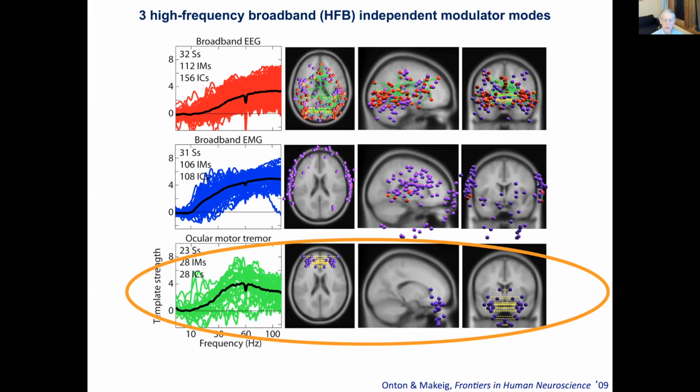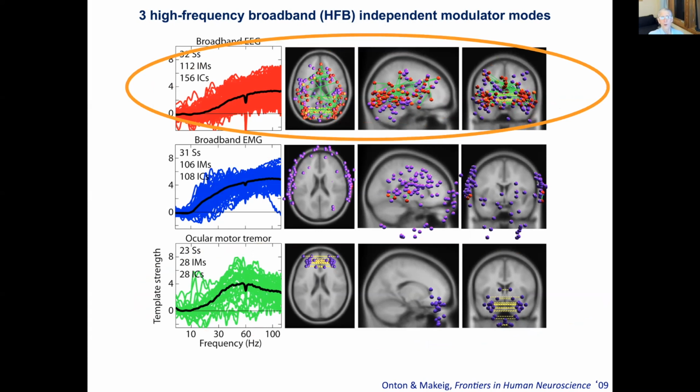The EEG signature of this in eyes-closed individuals was found for several to many of these subjects by ICA decomposition and then spectral mode decomposition using the method of independent modulators.